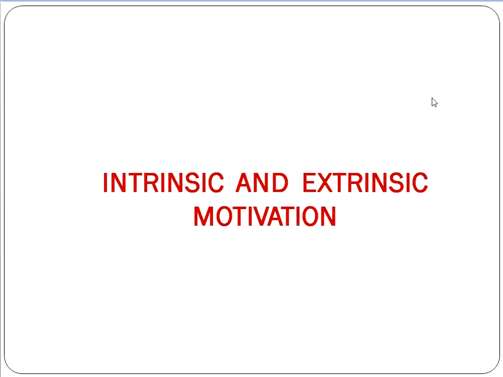This is purely opposite to intrinsic motivation. So what I mean to say is that in extrinsic motivation, stimuli come from outside. In simple sense we can say it is related to the desire to do something that is controlled by an outside source.